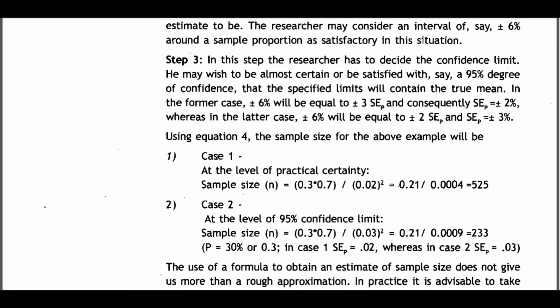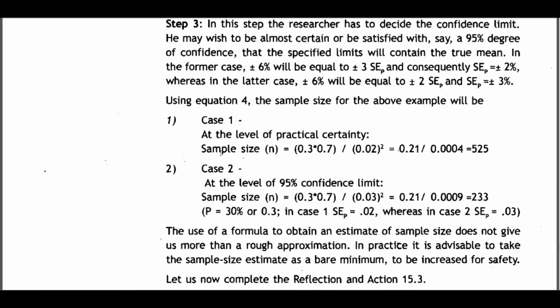In the former case, plus or minus 6% will be equal to plus or minus 3 SE, and consequently the standard error is equal to plus or minus 2%, whereas in the latter case, plus or minus 6% will be equal to plus or minus 2 SE, and SE is equal to plus or minus 3%.